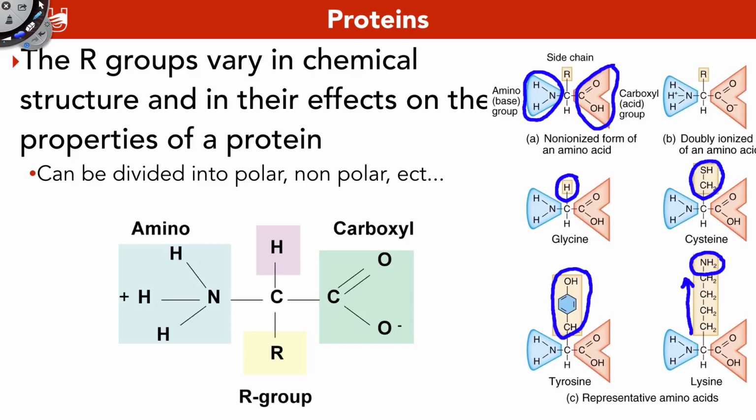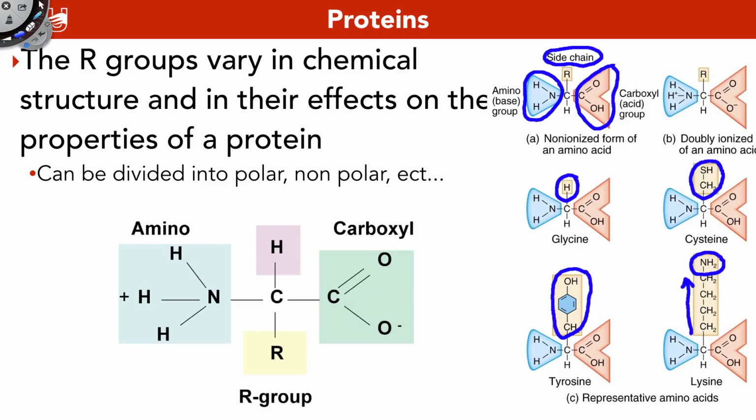That's going to be important for disulfide bridges, and we may get into those later on. But what I'm trying to impart in you now is it's this R group, or we call it a side chain. That is what varies in these structures. Okay, that is what gives an amino acid its chemical properties.